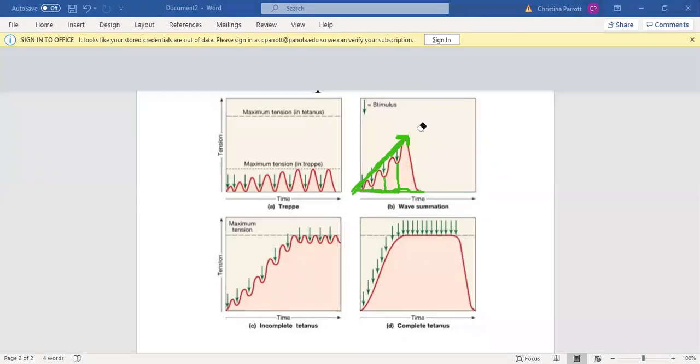Okay, now let's go down to C. So in our C graph down here, we're going to be doing incomplete tetanus. So in incomplete tetanus, we are having repeated stimulation again, and your tension is going to add up like wave summation until it reaches a plateau.